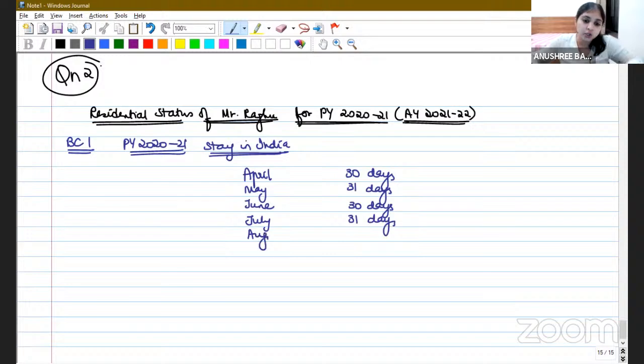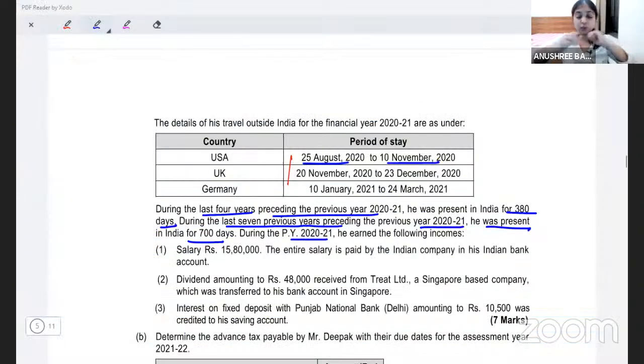Now, when I talk about August, this is where you will realize what is different with this question. See, 25th August 2020 to 10th November, he is staying in USA. This is his period of stay. We are counting it in USA.